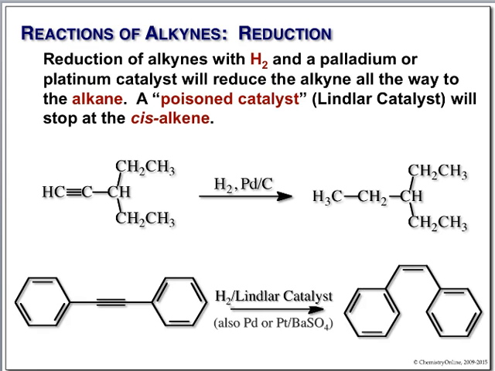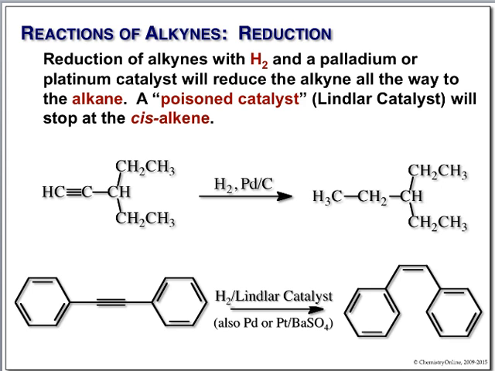We can also use what's called a poisoned catalyst. Instead of putting our platinum or palladium on charcoal, what you do is you put it on barium sulfate. Barium sulfate will attach to the platinum or palladium in such a way that the catalyst becomes very, very ineffective.